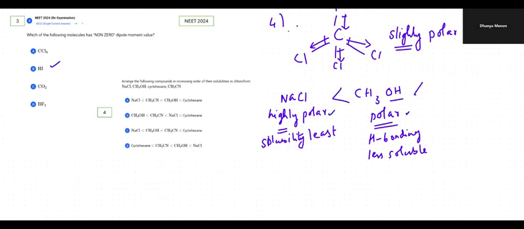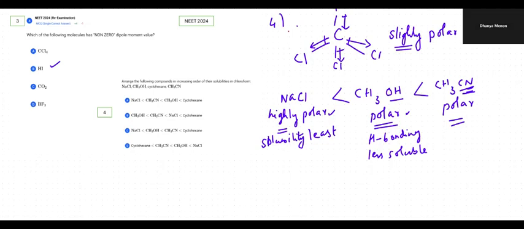Then the next one is CH3CN. This will also be polar because of the electronegativity difference between carbon and nitrogen. So it will be polar, but it will be more soluble than the CH3OH group.